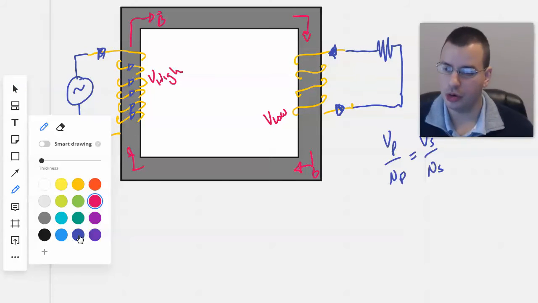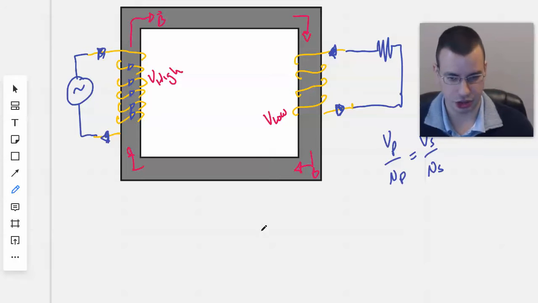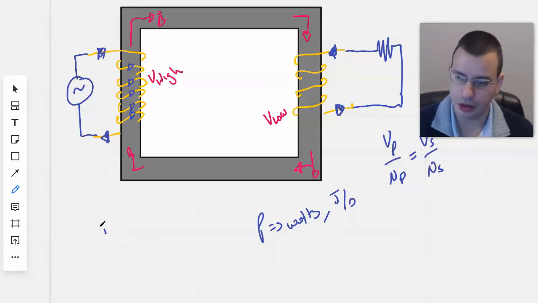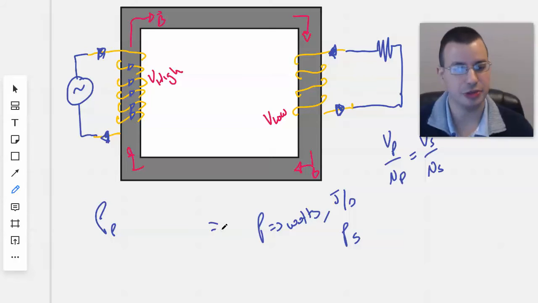So you can't create power. Power is energy. It's measured in watts, I think. And it's joules per second. So the idea is energy per second. Well, the energy on the left side will be, so I'll do power primary, power secondary. These will be the same.